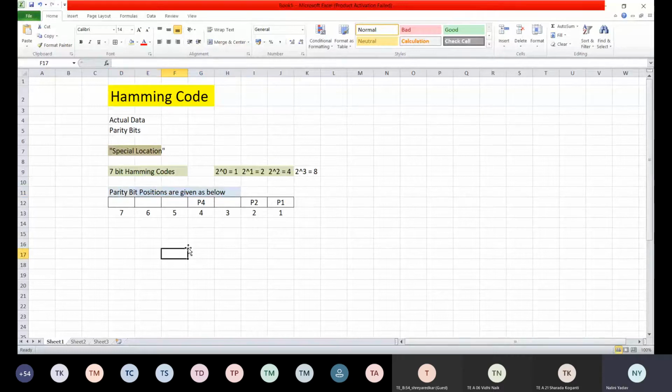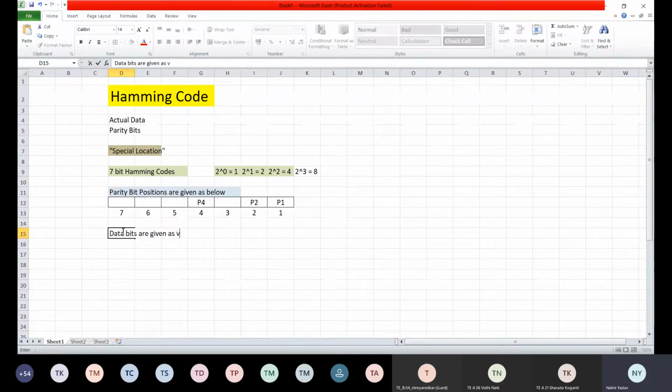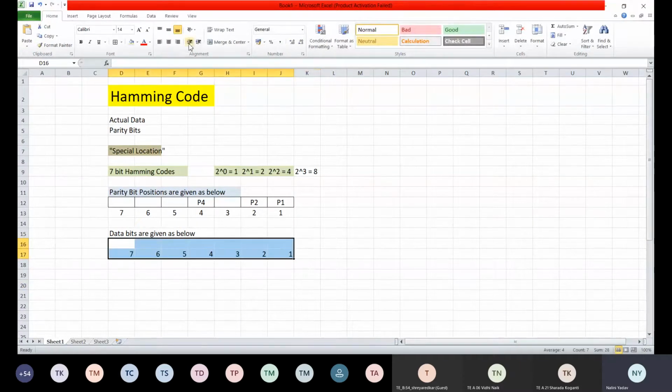Now we want to know where the data bits will come. These are my parity bits, so data bits means the actual data. Data bits are given as below. Again, we will write the same 7, 6, 5, 4, 3, 2, 1. These are my positions. We'll make the alignment middle alignment.